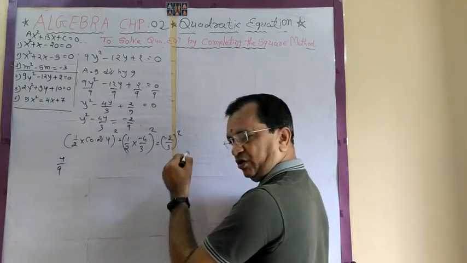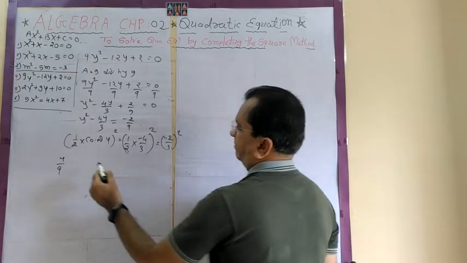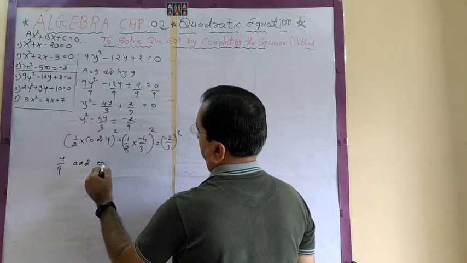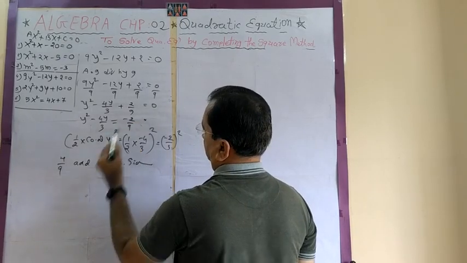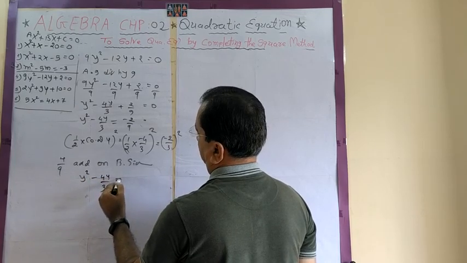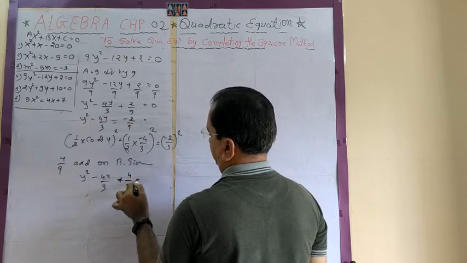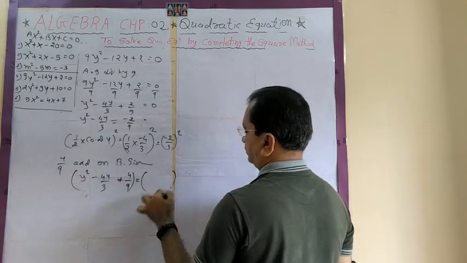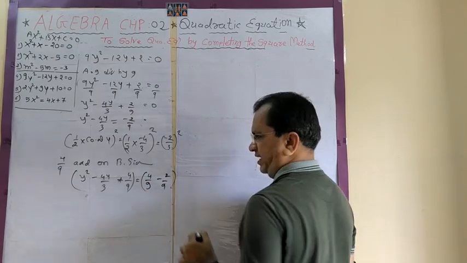Square of minus 2 is plus 4, square of 3 is 9, adding on both the sides. So in the previous equation, y square minus 4y divided by 3 plus 4 by 9 equals 4 by 9 minus 2 by 9.